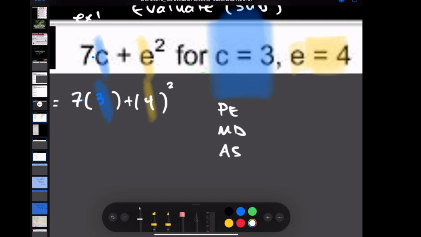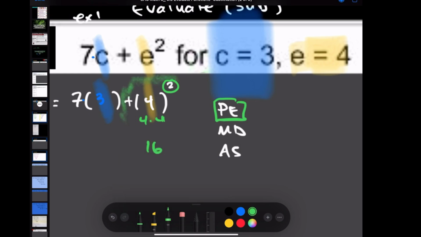Put your finger on what we're going to do first, class. I'm going to do parentheses and then exponents as a chunk. There's my chunk. Class, 4 times 4, which is what? 16.